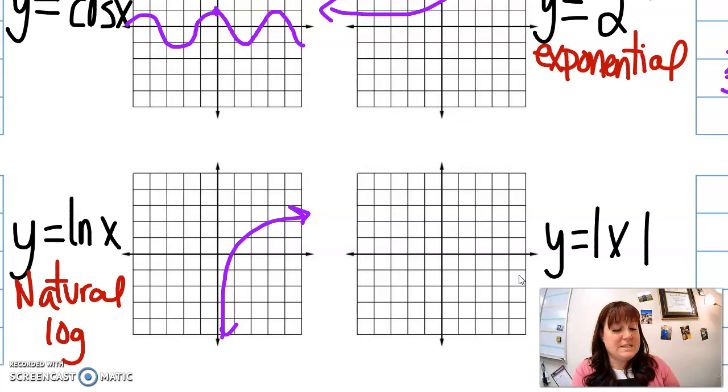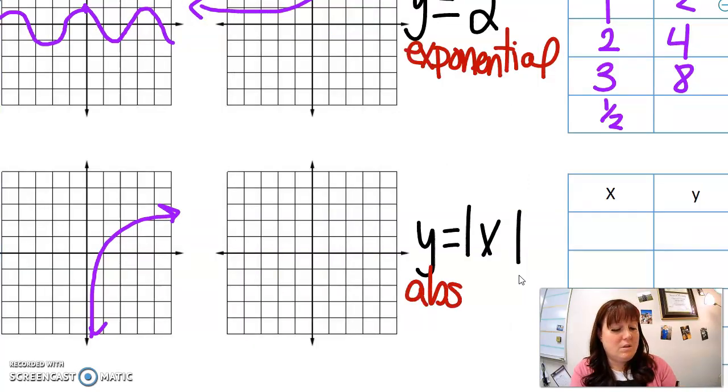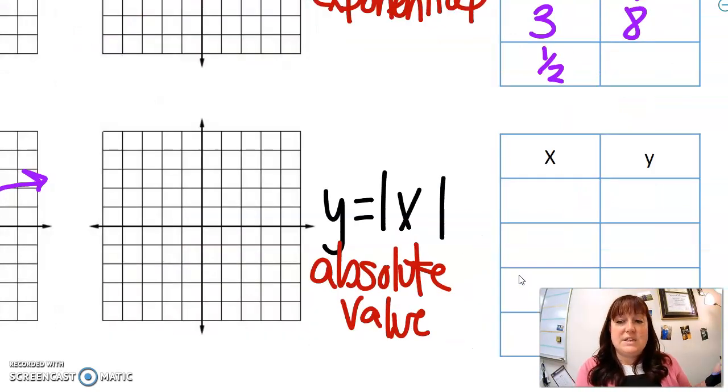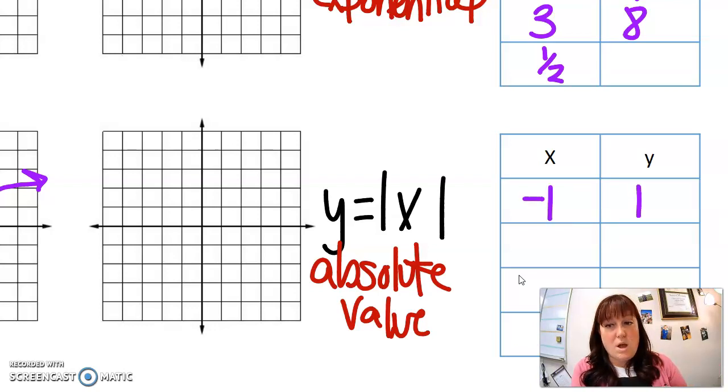Okay, last but not least is the absolute value. You guys have seen absolute values before, and you know what an absolute value does, right? The absolute value just changes anything that's negative to a positive. Anything that's positive stays positive, right? So let's plug in some numbers. If x equals -1, y would equal 1. If x equals 1, y would also equal 1.